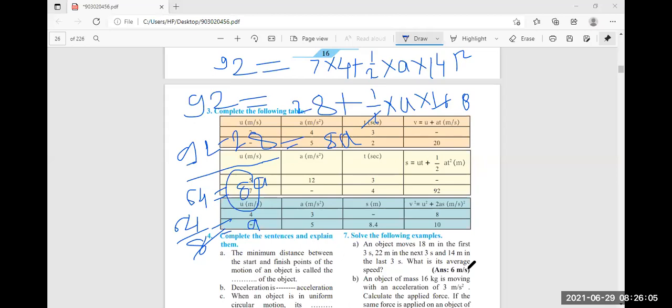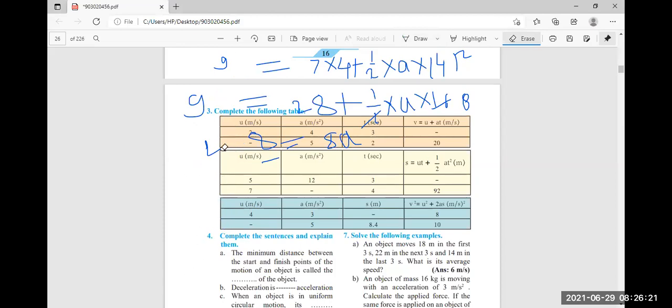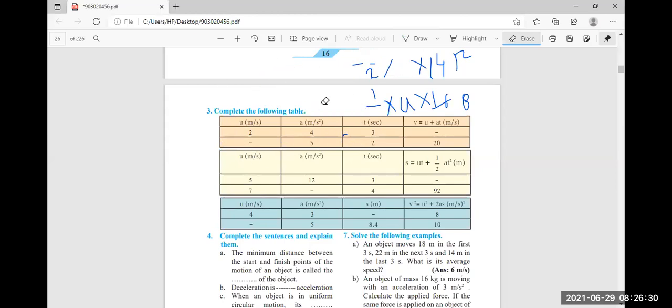Riddhi, you can tell. 8. 8 eights are 64. So here we'll get the value of A as 8. Did all of you understand how to do it? Yes, sir. We just have to check which value is not given and how to find it with the help of the formula.